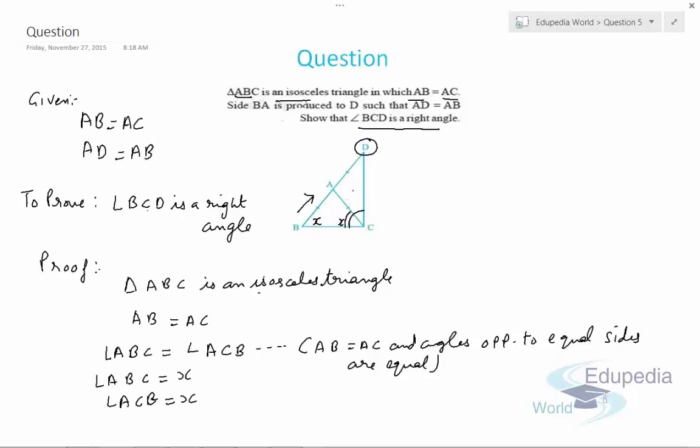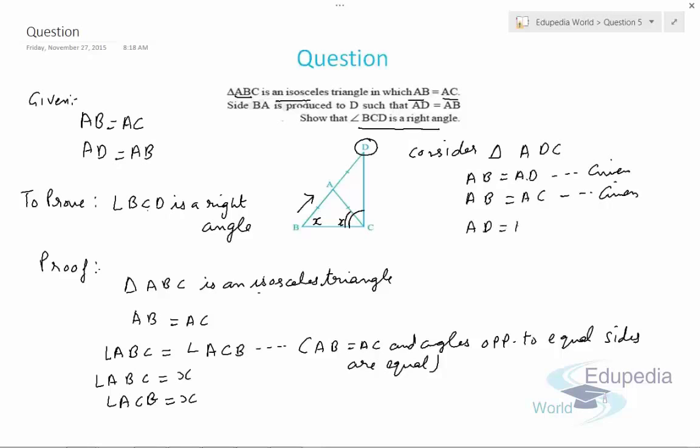Now we consider triangle ADC. It's given that AB equals AD and AB equals AC. This is also given. So we can say AD is also equal to AC. So triangle ADC is an isosceles triangle.